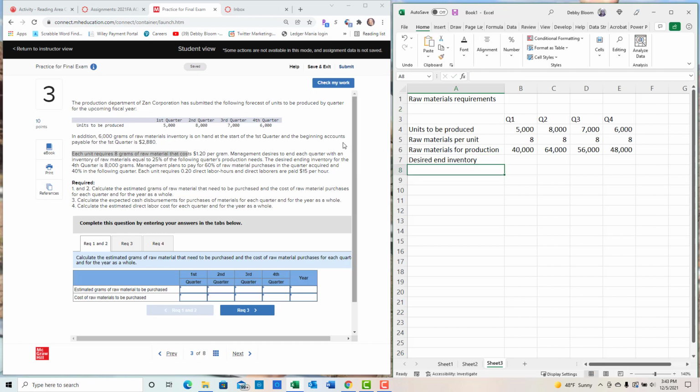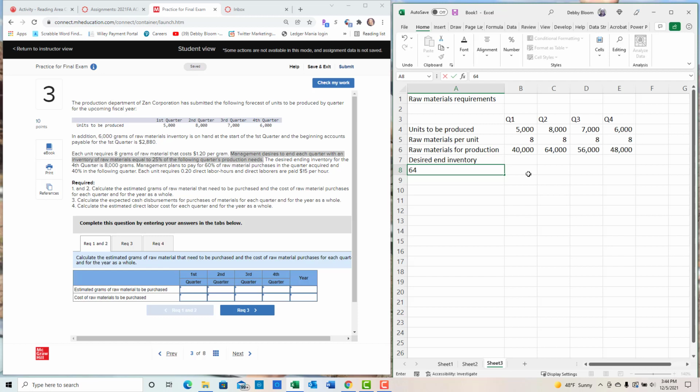We're told that management desires to end each quarter with an inventory of raw materials equal to 25% of the following quarter's production needs. So our ending inventory for quarter 1 would be quarter 2's production needs multiplied by 25%.